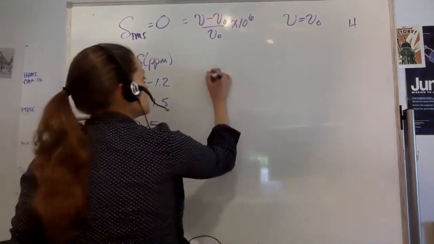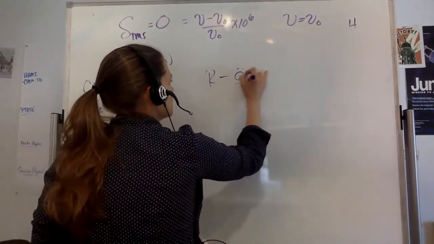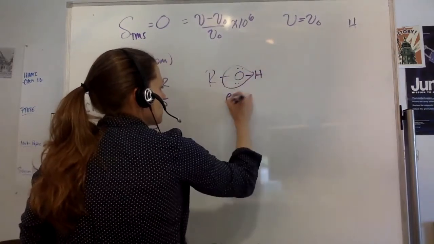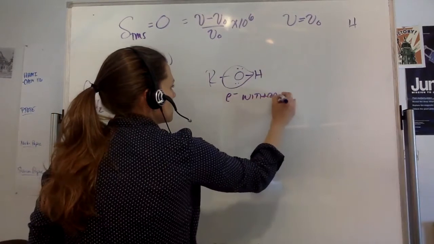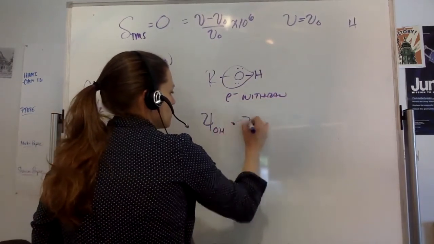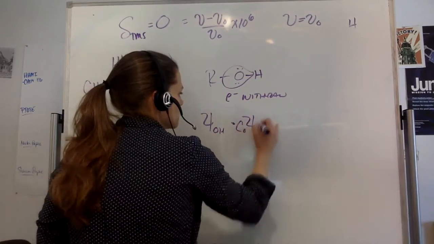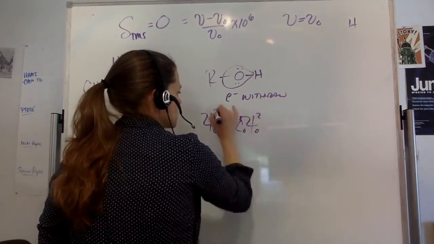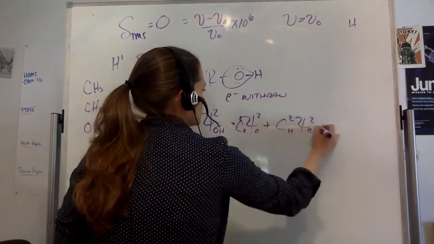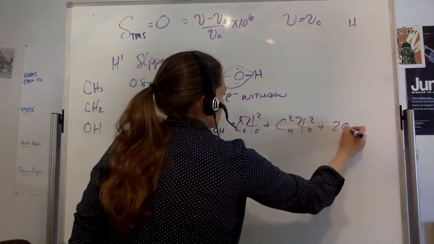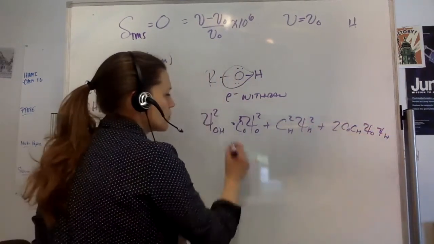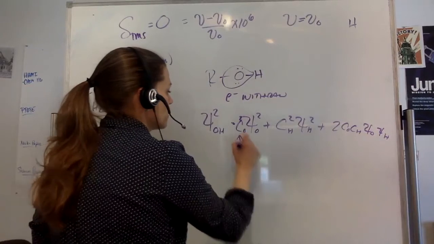So you can think about this. You've got more electron withdrawing, or in all honesty, what you do have is the coefficients of this being much higher.